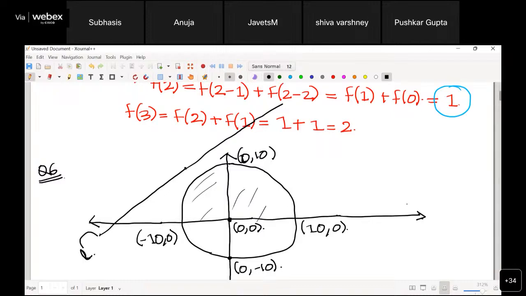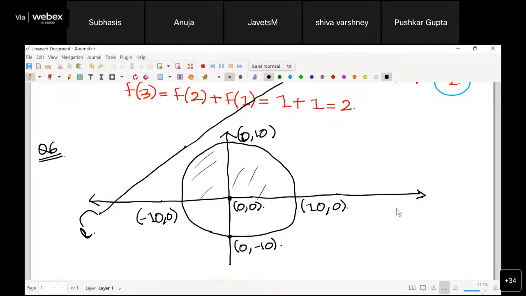When will Rohan's mobile get the signal? If this straight line comes in this region. So my question is, when will this straight line come in this region?